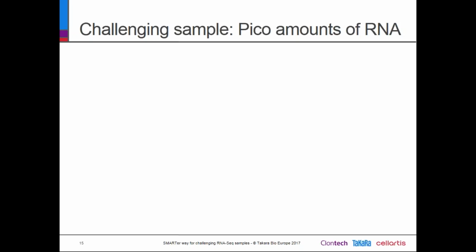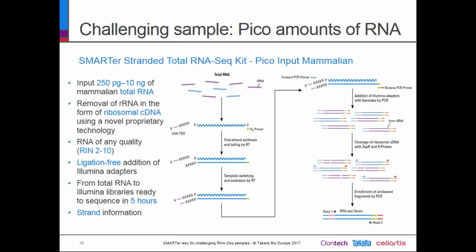So at Takara, we took the problem differently. Instead of trying to remove the ribosomal RNA, we prepare a library from all the RNA, including the ribosomal RNA, and then once we have the cDNA, we only target ribosomal cDNA sequences.